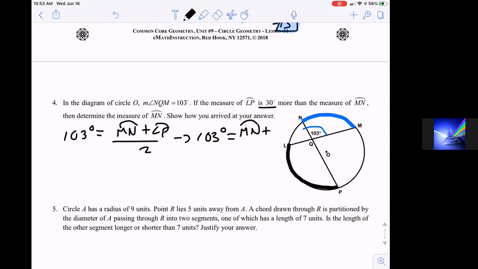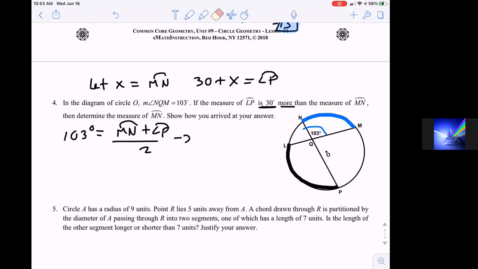So we're going to let X equal MN. Then 30 plus X, which is 30 more than MN, is going to equal LP. So we could rewrite this as 103 equals MN, which is X, plus LP, which is 30 plus X, all of that over 2.